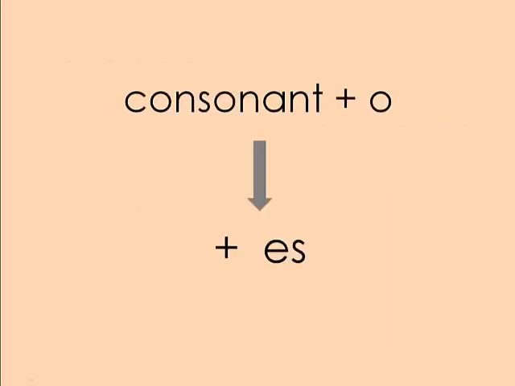This rule is not a hard rule. There are many exceptions to this rule, but many times if the last two letters are a consonant and an O, then we add ES. We've looked at fruits.